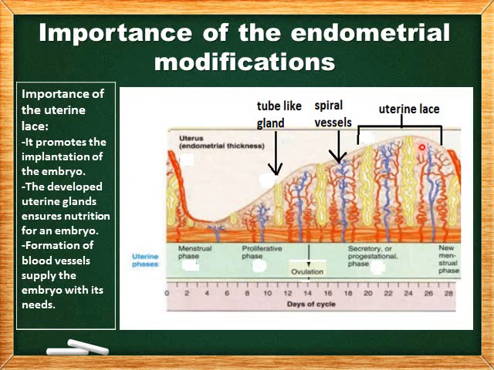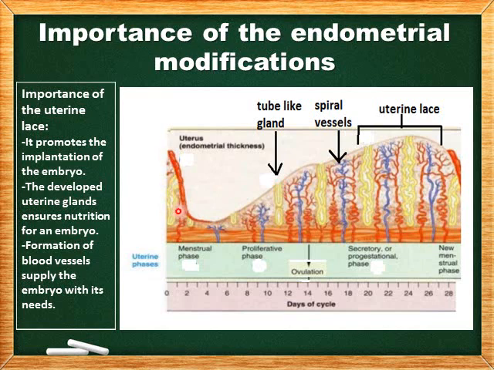That's why at the end of the cycle, which is day 28, if there is no fertilization, the endometrium has to thin again and slough this endometrial layer, and bleeding occurs again.